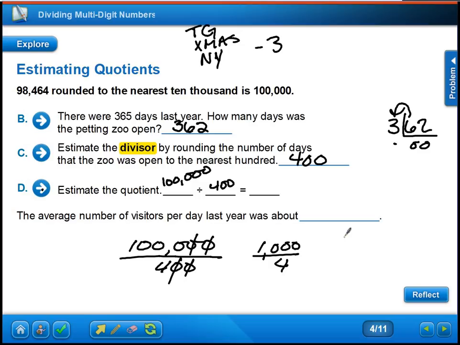Well, I know that 100 divided by 4 gives me 25. Because I have this extra 0, I still need the 25, because I still have this little 100 right here divided by 4 is the 25. And then I add a 0 on the end. So my estimated number of visitors per day was 250.